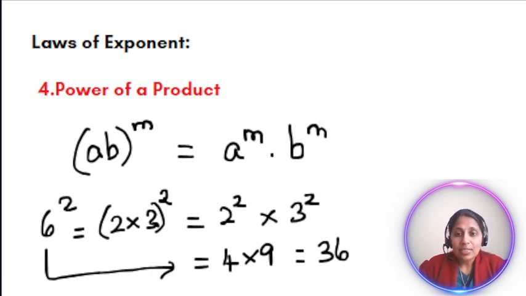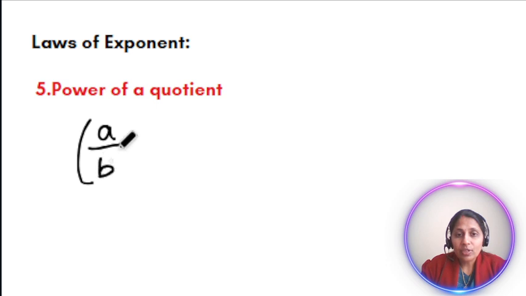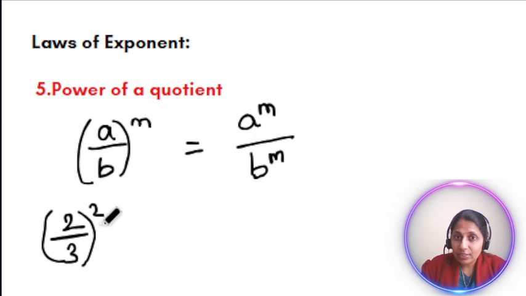Okay. The next law is the power of a quotient. Just the same law like before, but here instead of a product, we get the quotient. If this is the number, then you can separate it as a to the power of m by b to the power of m. Say for example, 2 by 3, the whole square means either you can solve with this.